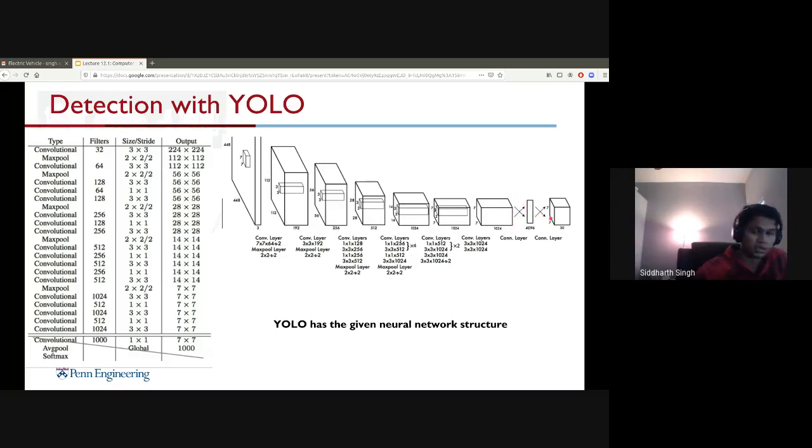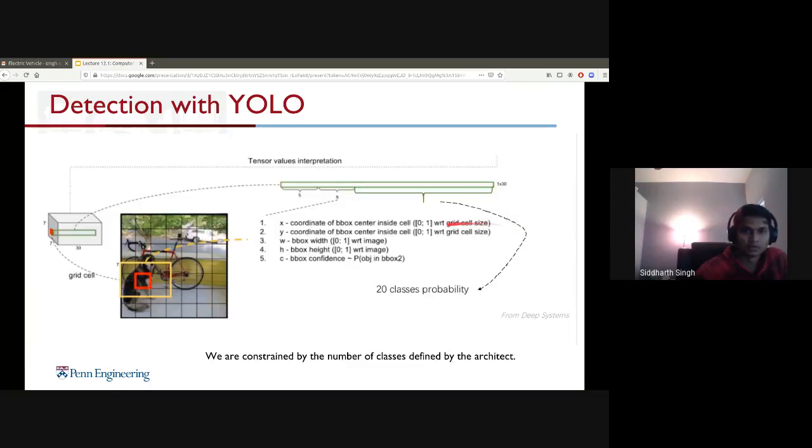Then you take inverted layers and finally get an output here. So if you see, my image was say 448 by 448, and I took the grid size of 7 by 7. Ultimately, I have something of 7 by 7 by 30. So let's talk a bit about how this output is actually interpreted.